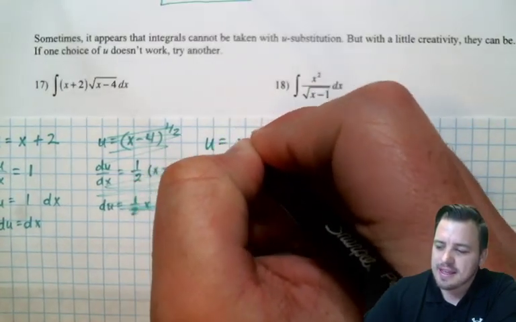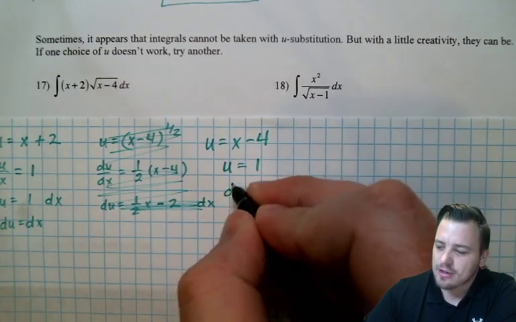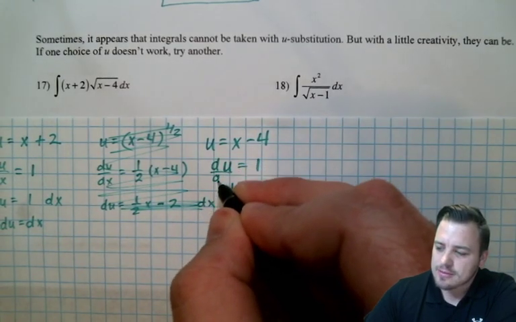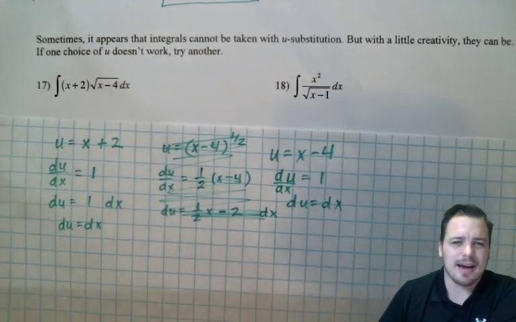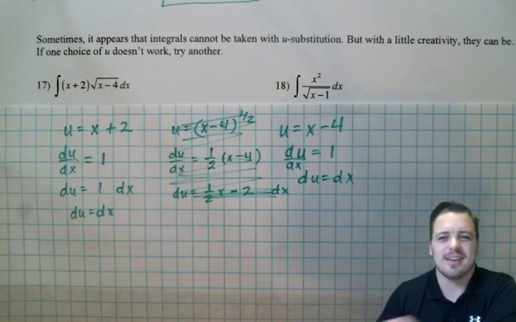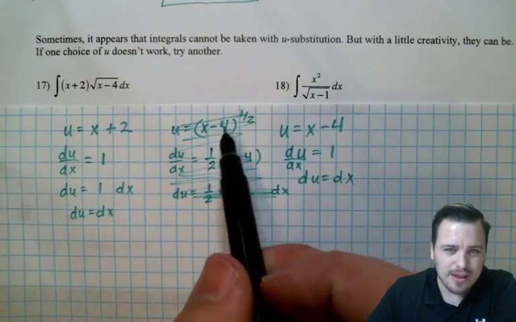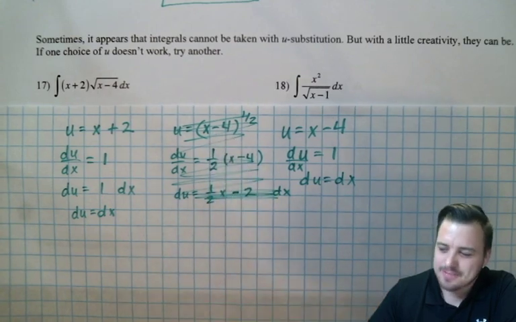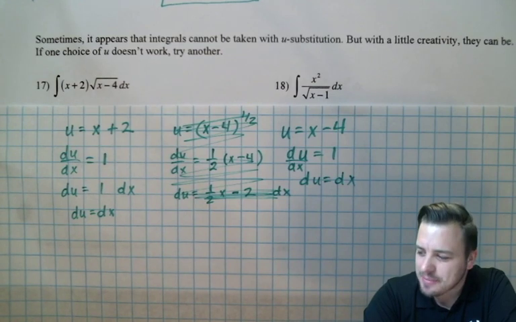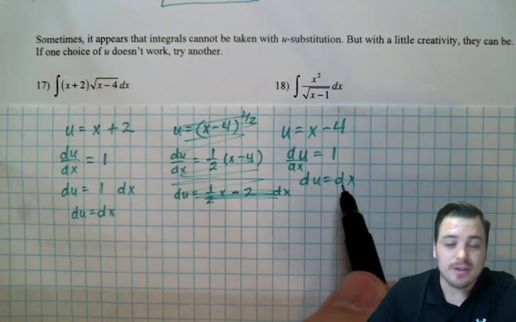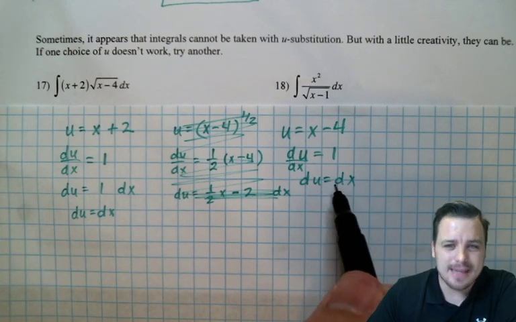It would just be the inside, x minus 4. So then du over dx would be 1, and then du is equal to dx. Sorry about that. I accidentally brought the 1/2 with it. It's just the inside. That's what I get for trying to take a step ahead. All right, so it's actually x minus 4. So they both actually equal du is both equal to dx.